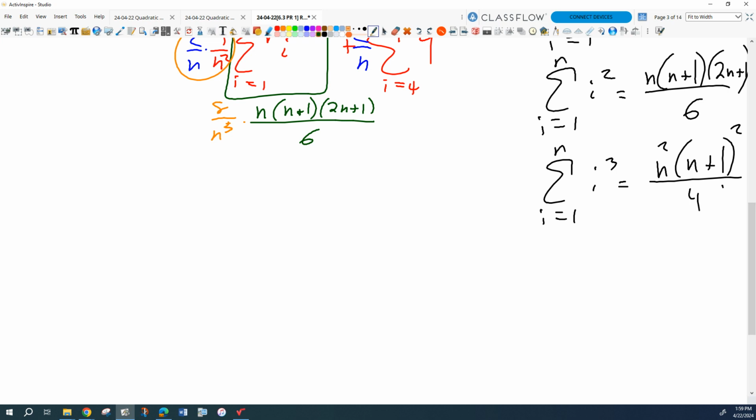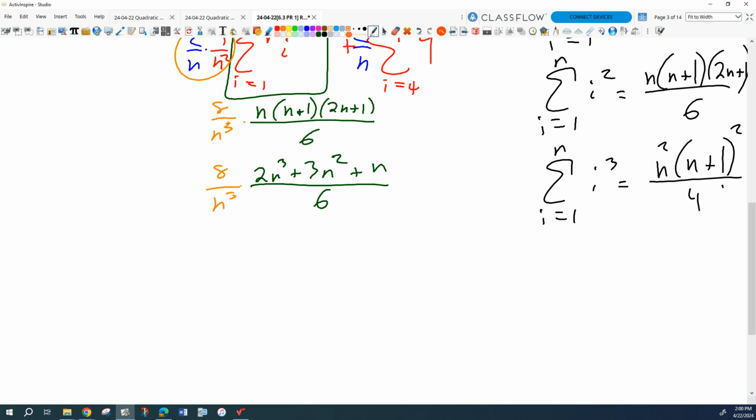So all the green stuff is just going to become 2n cubed, right? If I FOIL that, n times 2n is 2n squared times another n. It's 2n cubed. If I FOIL out the cross terms, I'm going to get 3n times another n is 3n squared. And then the last part would be 1 times n. So I get that stuff times 8 over n cubed. Everybody agree?